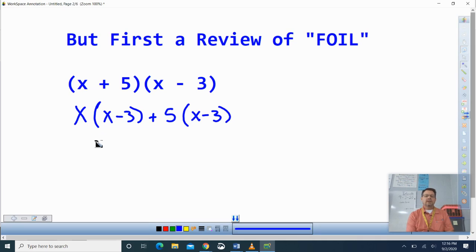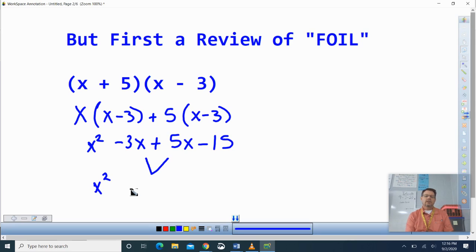That's going to give us x squared minus 3x plus 5x minus 15. Notice the two middle terms are like terms. We're going to add those, and that gives us x squared plus 2x minus 15.